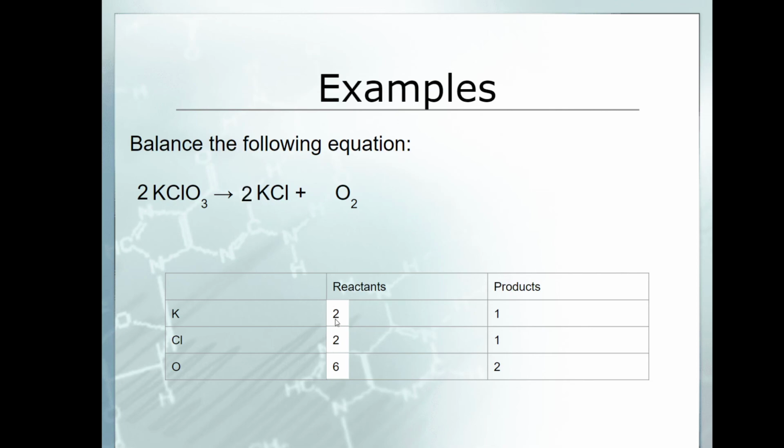All right, in order to balance that out with the Ks and the Cls, we need to put a 2 in front of this on the right side. That way these are both 2s. And then finally, we put a 3 here in front of the O2. 3 times 2 is 6, which is what we had decided we were aiming for earlier. And now this is a balanced chemical equation. You have the same number of each element on either side of your reaction.